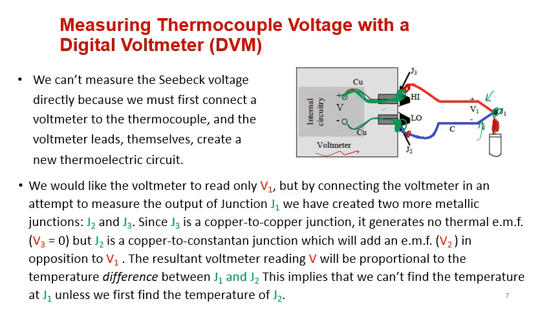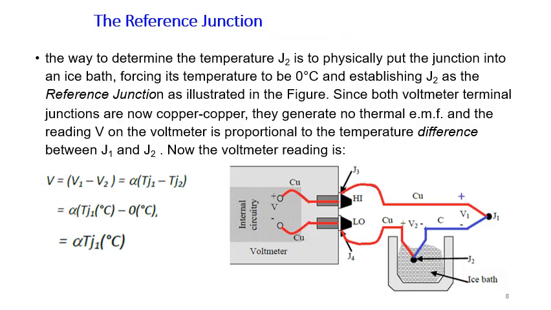So the problem is, when I measure the voltage here, the voltage coming here is a result of 3 different voltages. One of them is the main junction which we want to measure, and this junction which is affected by the ambient temperature, with this junction which is affected by the ambient temperature. So we have to find a solution for this problem, because this is going to give us error in the measurement. The solution is by putting a reference.